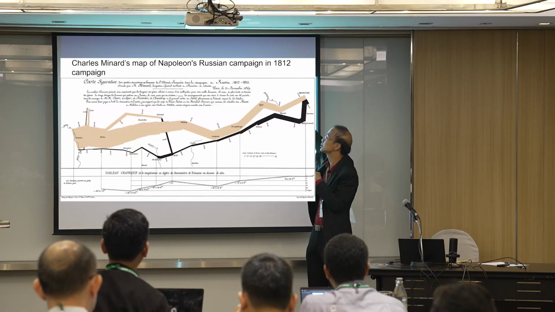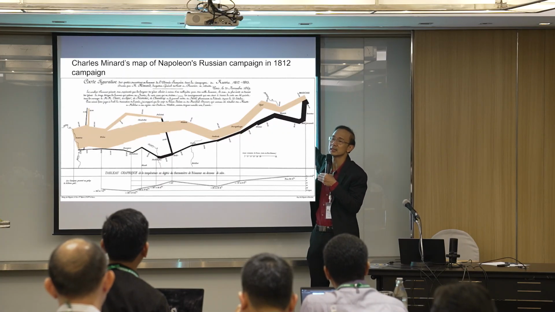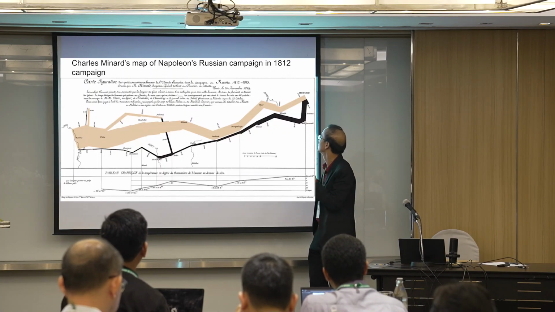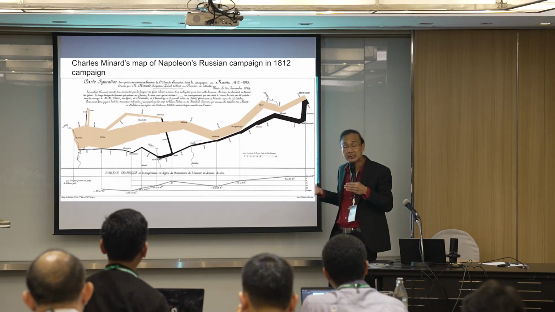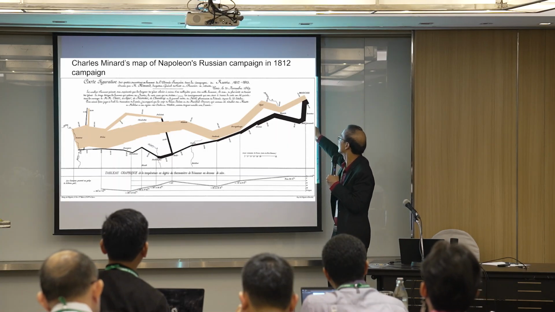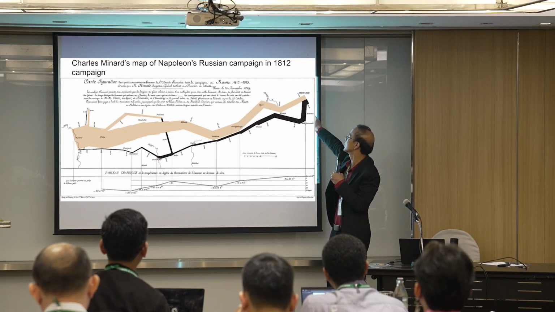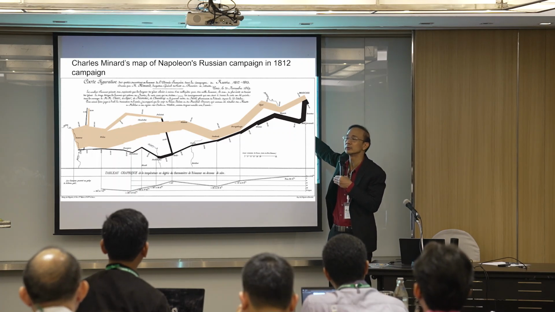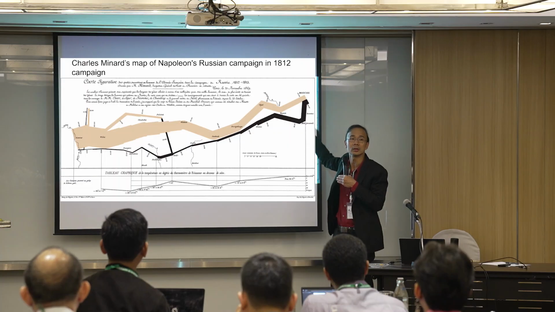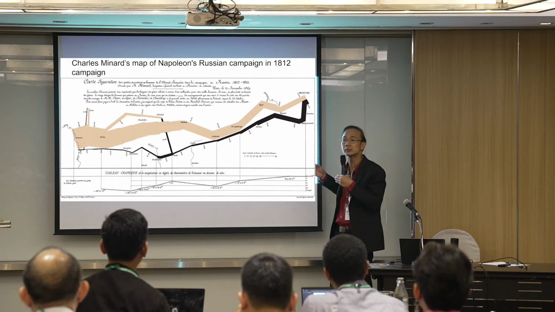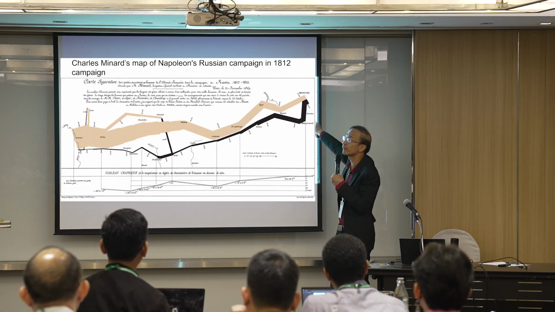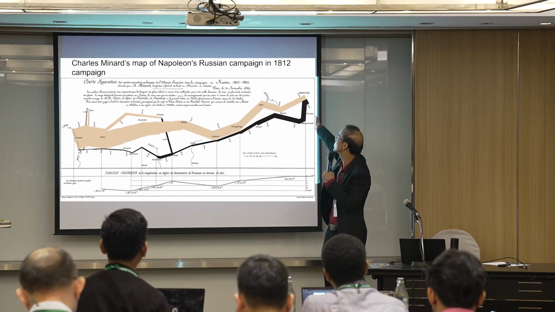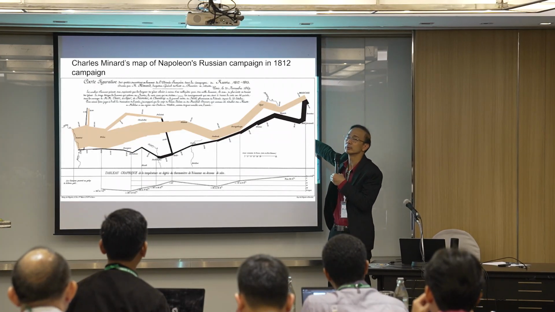But once they arrive here, there's nothing they can do, right? Because Russia has not surrendered. So they keep fighting, which means after this point, as you remember from the history, it is winter, so everything is cold and there is nothing to eat. People start dying, they have no clothes, so from here they move back.